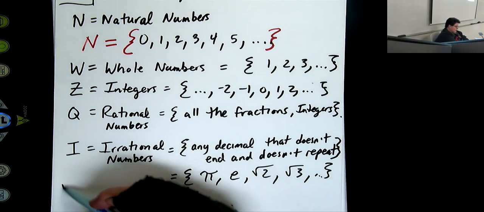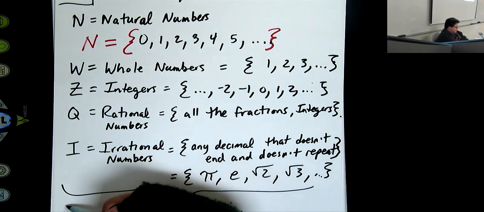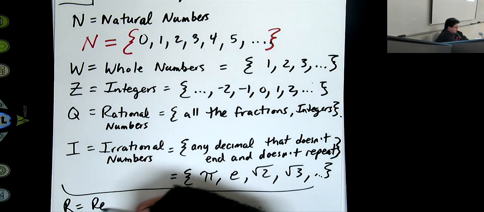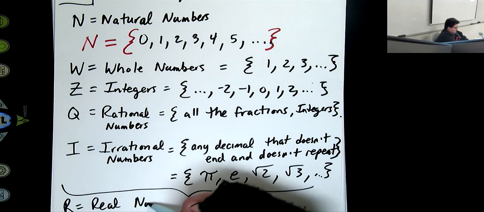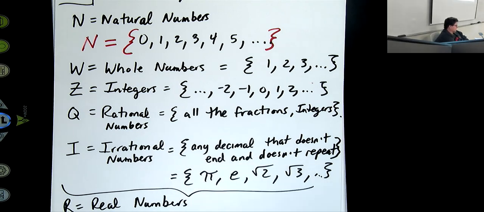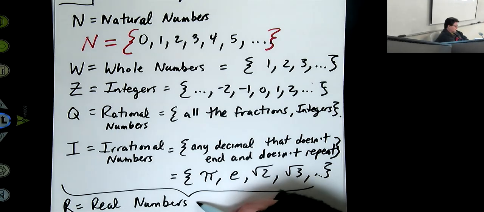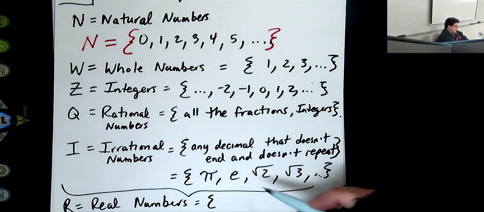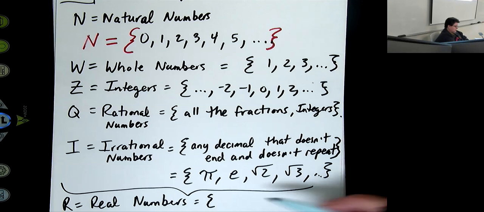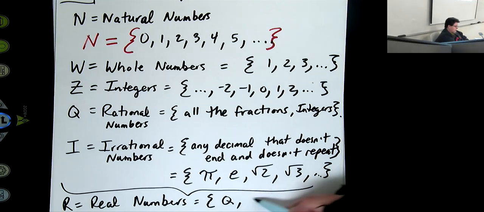All of these make up the real numbers. So real numbers are like Q and I put together. Integers go into Q, whole numbers go into Q, N goes into Q, so I can just list it like that.